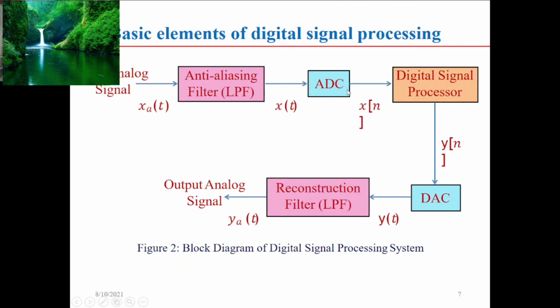Like if ADC is used at this point, we use DAC, that is digital to analog conversion. And here, as we have certain pre-processing, here we have post-processing. It's a reconstruction filter. It's a low-pass filter, wherein smoothing and so on takes place. So Y of n is the output obtained from the digital signal processor, and the digital to analog converter converts this Y of n to Y of t.